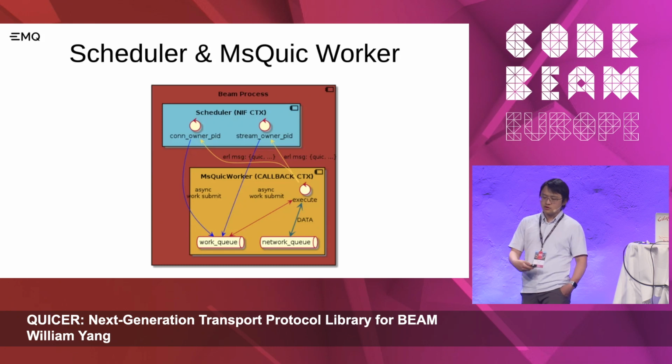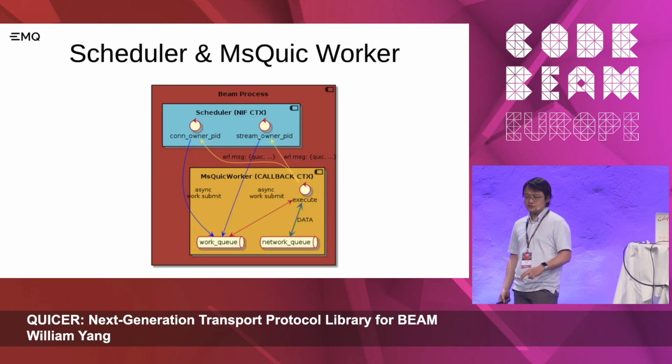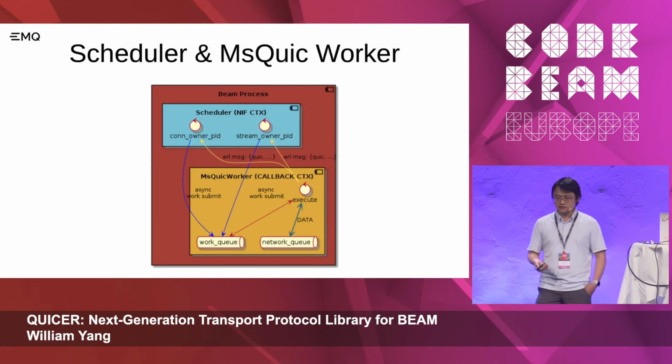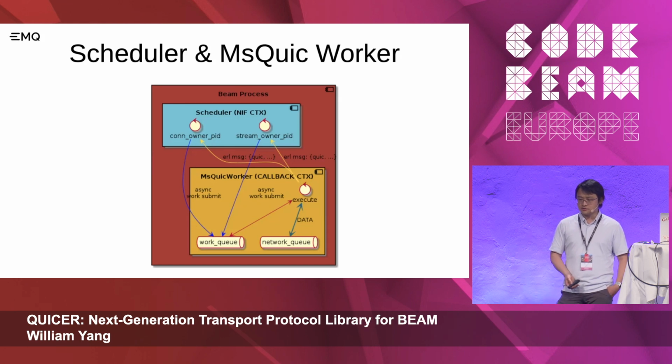We just provide callbacks. The QUICER NIF code is separated into two parts: one is the NIF context, the code used in the scheduler, and the other is the callback functions that will be used by the MsQuic worker.